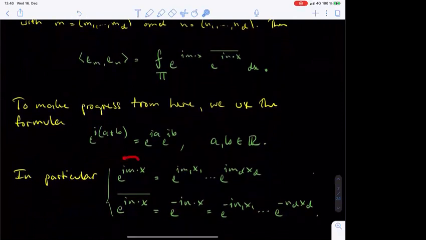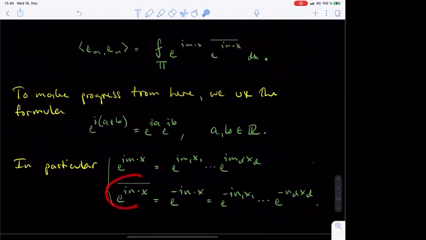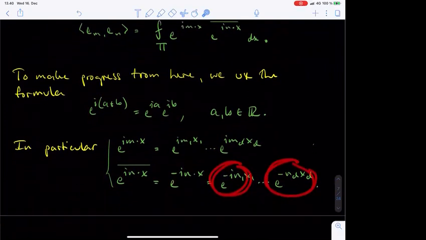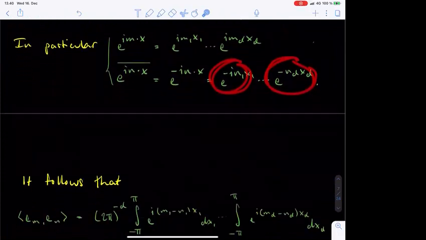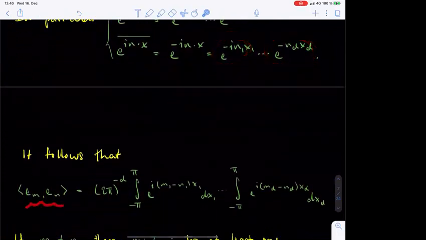In particular, e to the power i m dot x equals the product of the factors e to the power i m_j x_j. And similarly, the complex conjugate of e to the power i n dot x equals e to the power minus i n dot x, which further equals the product of the factors e to the power minus i n_j x_j. With these equations in hand, we see that the bracket of e_m and e_n equals, up to a normalizing constant, the product of the integrals from minus pi to pi of e to the power i(m_j minus n_j) x_j dx_j.